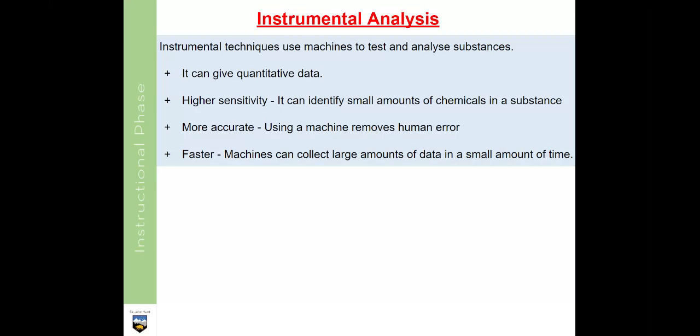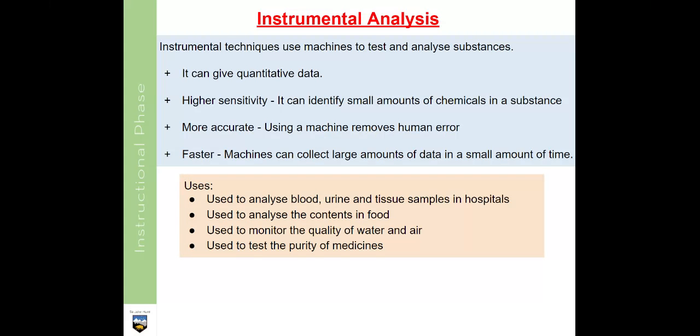So unlike a flame test that can tell us what substance is present, if we used an instrumental technique, we could find out how much of the metal ion was present. Instrumental techniques are much more accurate because the machine removes human error, and we can get faster results. Machines can collect large amounts of results in smaller amounts of time than humans can.